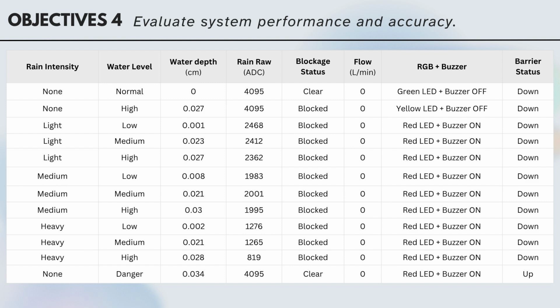For example, during heavy rainfall, if the drainage flow remained stagnant, the system maintained a red alert status. This proves that AquaShield does not simply react to rising water levels, but intelligently analyzes the relationship between rainfall and water movement to provide accurate, real-time monitoring and alerts.